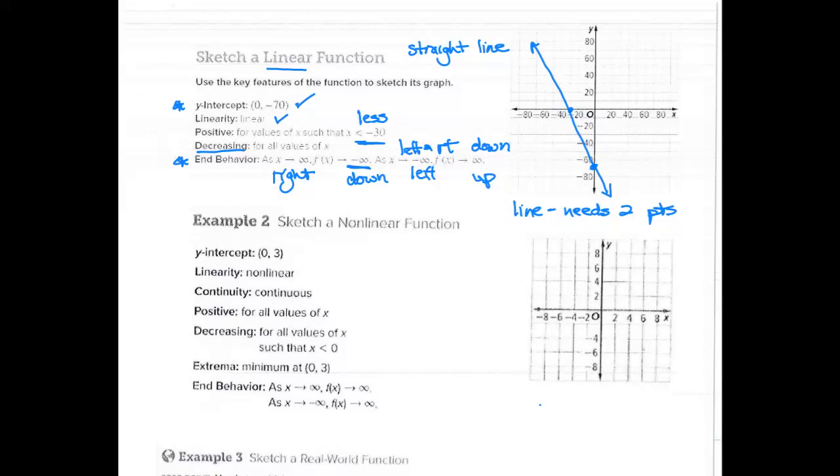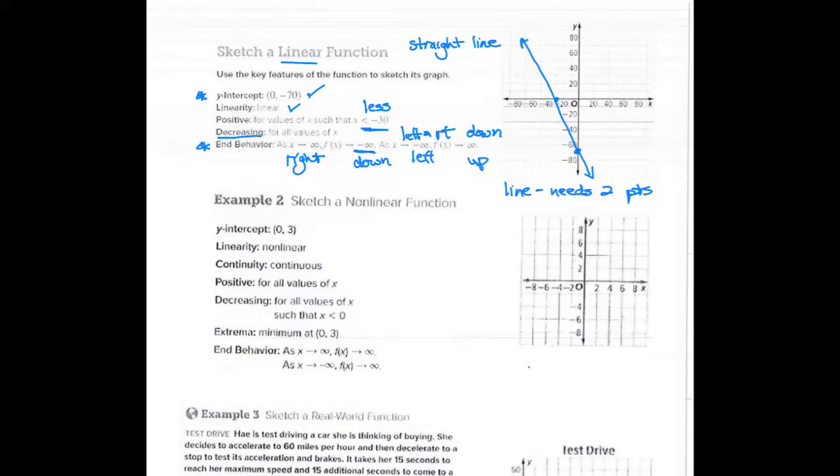It is linear, as straight a line as I can make. Positive for values where x is less than -30. It is above this 0, so that is positive at -30 or less. It's decreasing from left to right, it's going down, and the end behavior matches up also. Okay? What questions do you have about that? Because you are going to have to draw these.